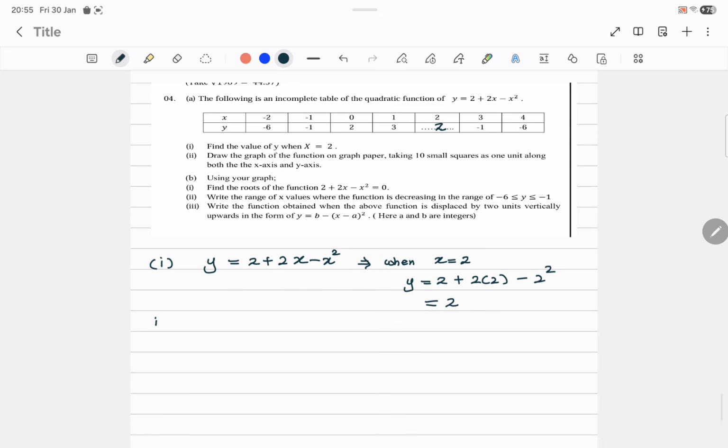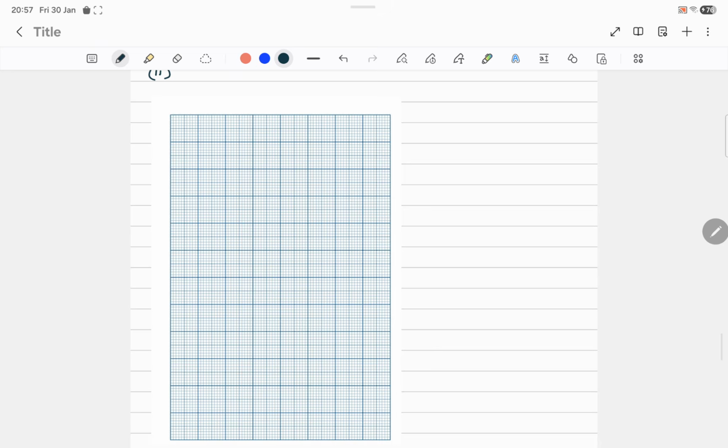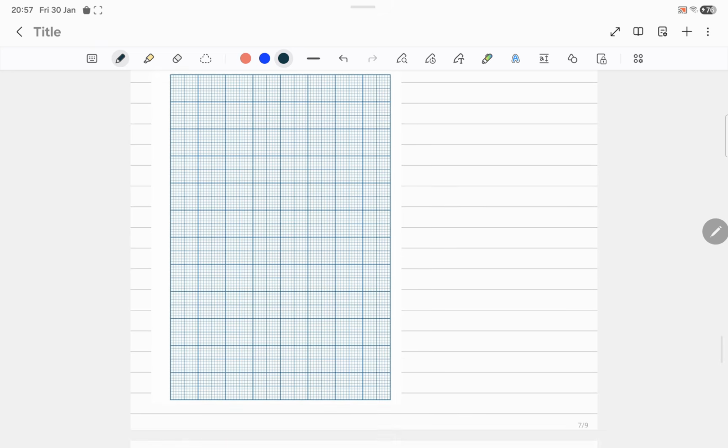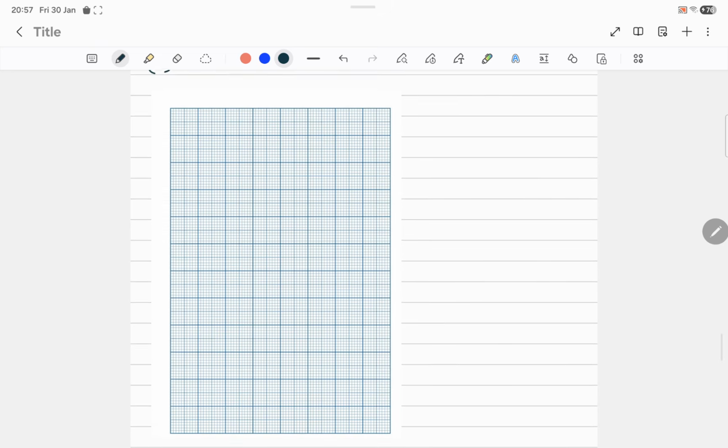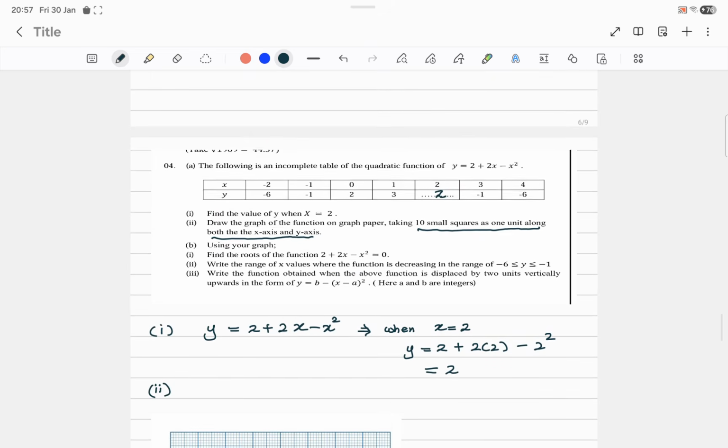Then part 2, draw the graph of the function on graph paper taking 10 small squares as 1 unit along both the x-axis and the y-axis. Okay, let me get a graph paper image. Let's use this graph paper image to draw this.